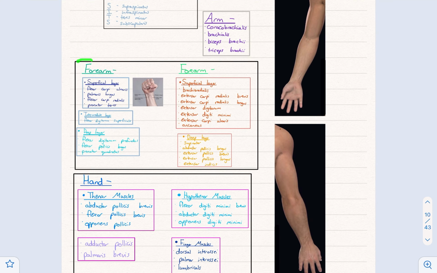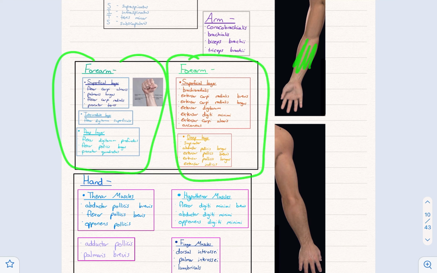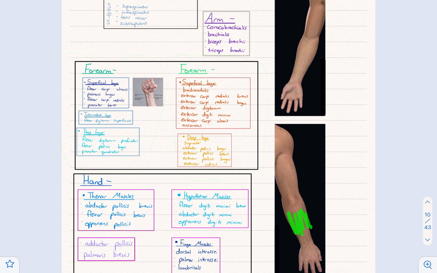Okay, so you've got these forearm muscles, and then you've got these forearm muscles. The difference between them is that these ones are here, and these ones are here. These ones are on the front, which means they are called the anterior forearm muscles. So what did I say with this side?